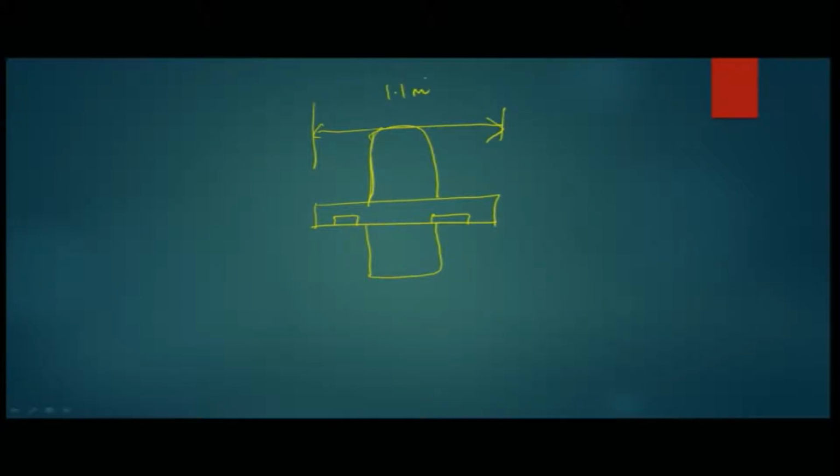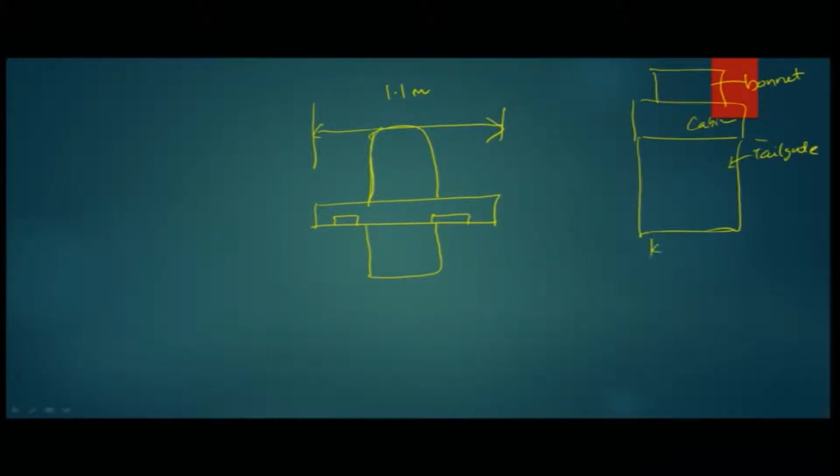is 1.1 meters. Then obviously the second part of this: if you look at the top view of a Jeep or a Gypsy, if you call this the bonnet, this is the cabin, and this is the tailgate. The 1.1 meters will fit within the 1.5 meters.